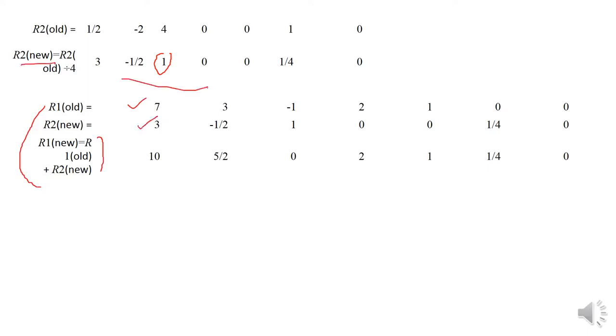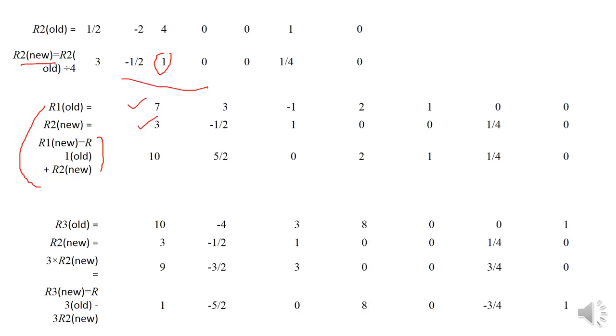So this is R1 old, R2 new, which we have calculated just now, and R1 new with the help of this formula. Then R3 old we know, R2 new we have calculated, and R3 new is R3 old minus 3 R2 new.